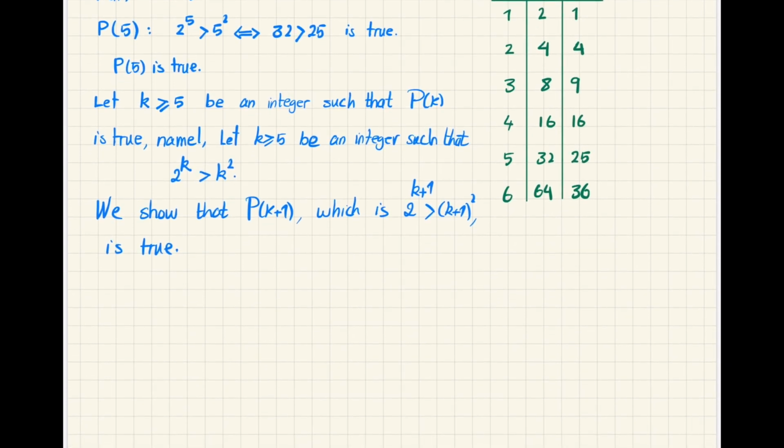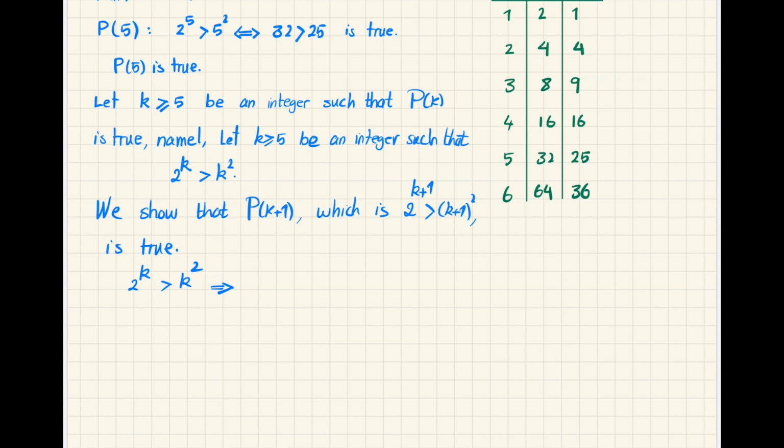Okay, I know that this is true, so I can start with this statement. So 2 to the k is greater than k to the 2. My motivation is somehow to conclude this inequality. So the first thing that comes to mind is to change this so that it becomes 2 to power k plus 1.